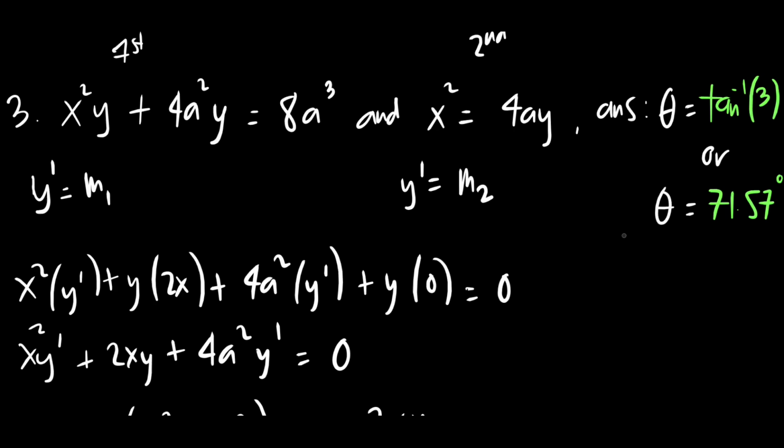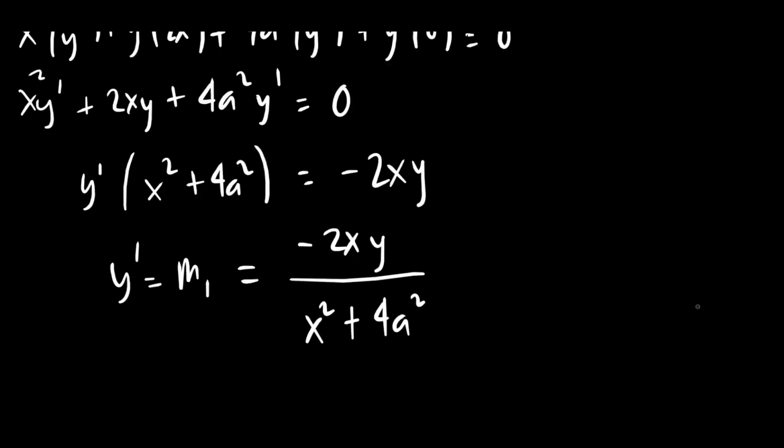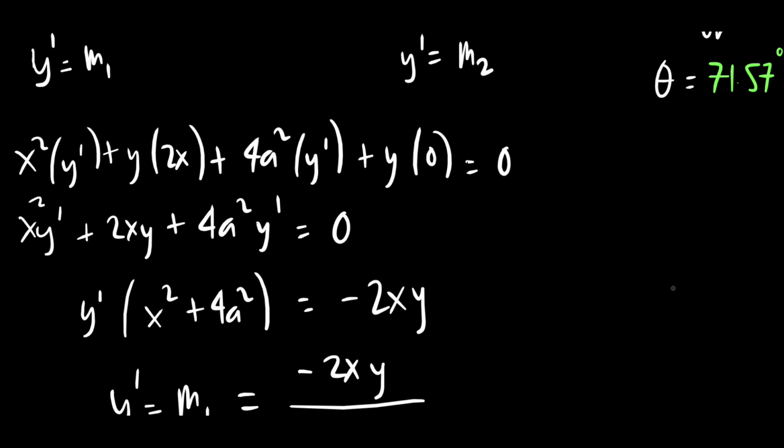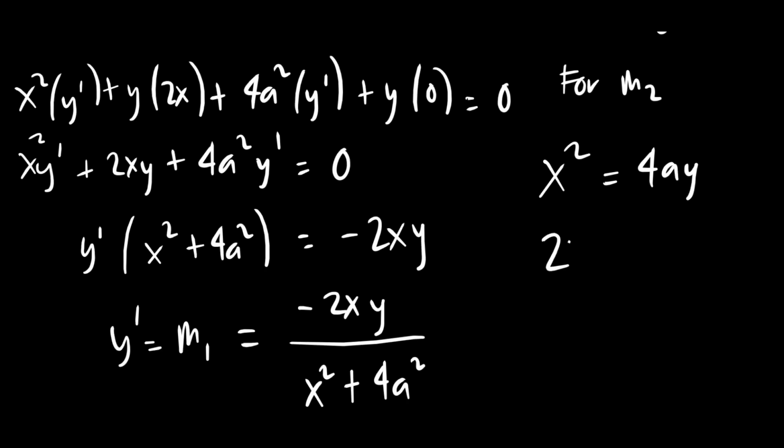Now for m2, we have x squared equals 4ay. Differentiating, we have 2x equals 4a y prime plus y times 0.